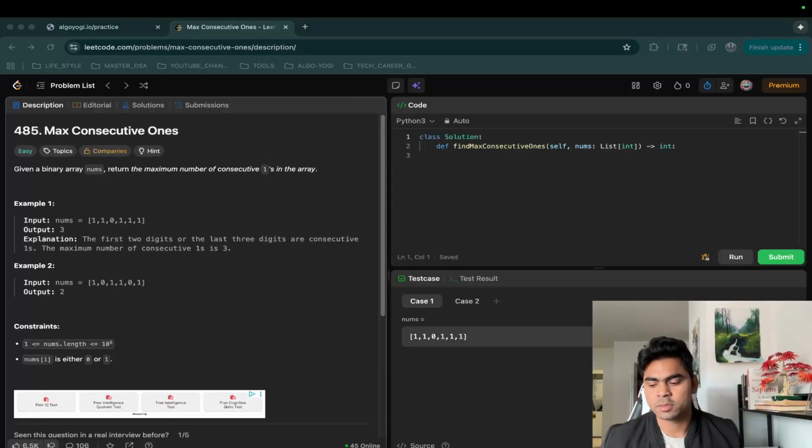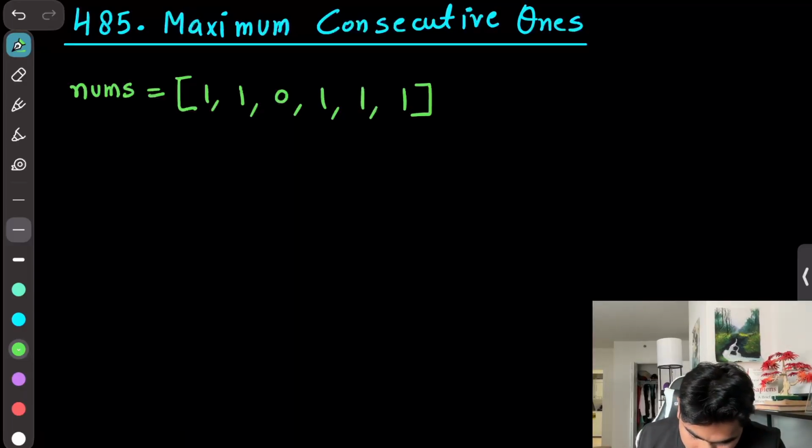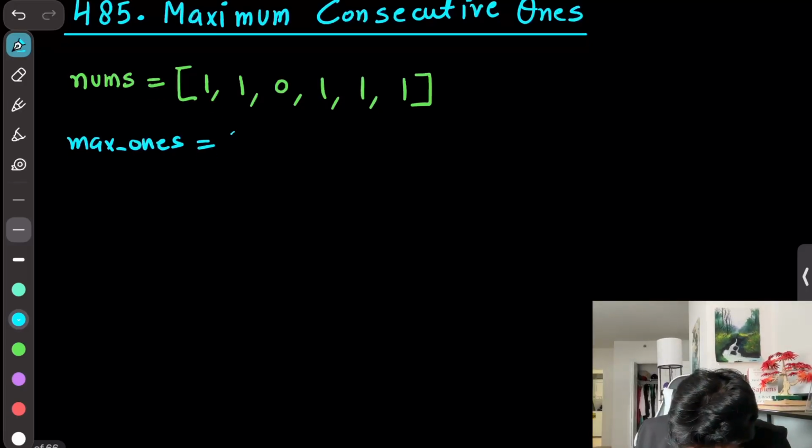So I guess this problem is really easy. I think there's no brute force or optimized version in this. It's going to be just simply you start iterating, and you have your answer called max ones, initially 0.